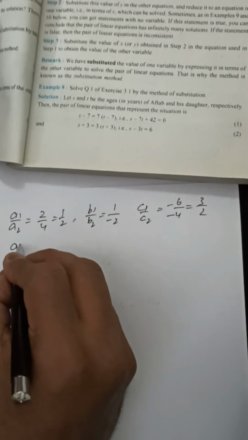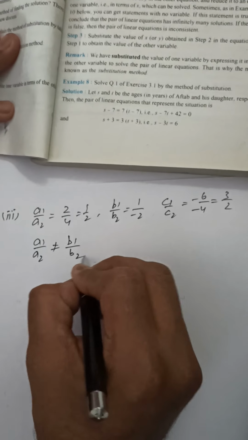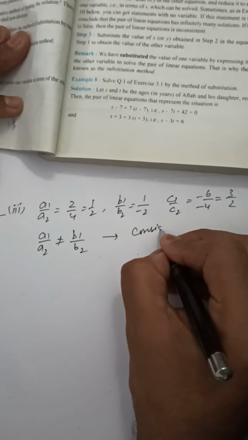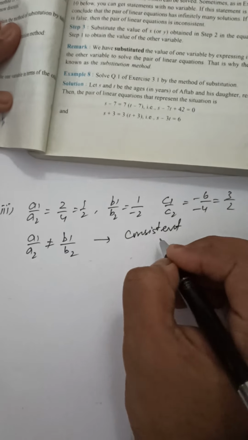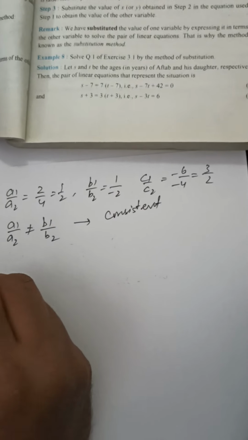Here we observe that a1 upon a2 itself is not equal to b1 upon b2, so they get a unique solution, so they are consistent. We can draw the graph and get the result. So you can try the fourth part yourself, students.